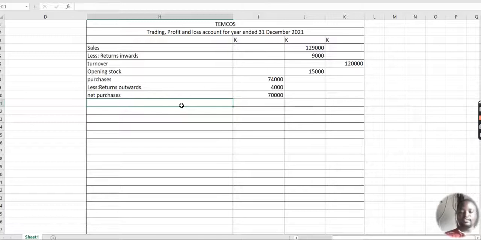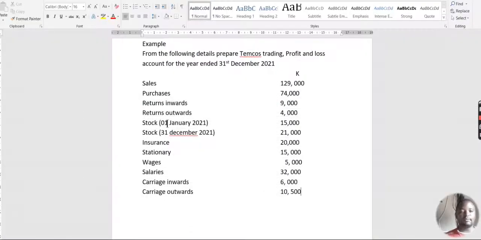From there, what do we do next? The next thing that we are going to do is add all direct costs. So under direct costs, what do we have? Let's go there. Number one, I saw wages.